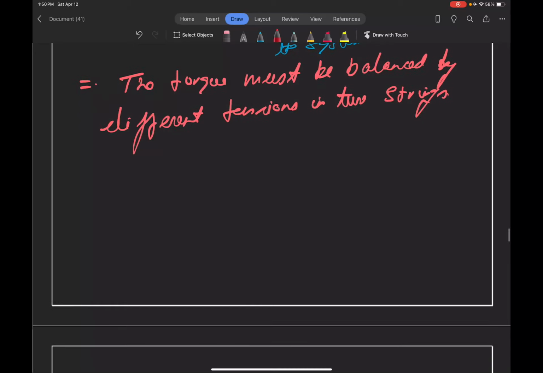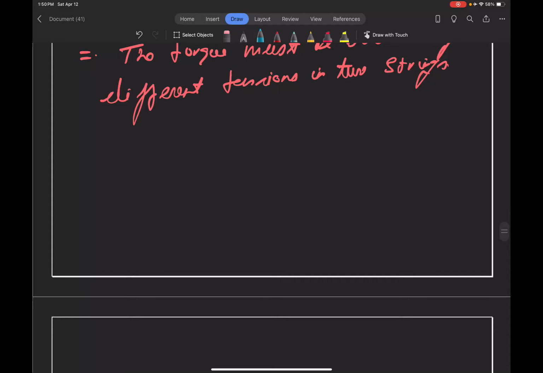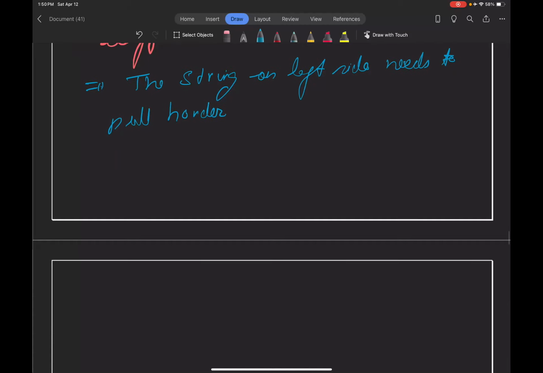Okay. And therefore we can say that because it is moving in clockwise direction, the string on the left side needs to pull harder than the right one.